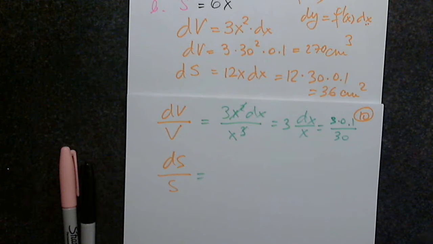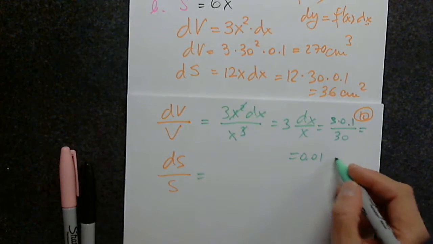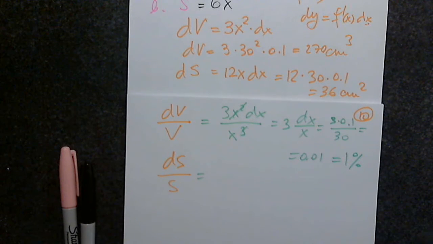So 0.3. I got 0.01, right? No measurement unit because it's cubic centimeters over cubic centimeters. And this is 1%. So a 0.1 centimeter error, plus or minus, it doesn't matter, in the edge of a cube triggers a change in the volume of 1%.